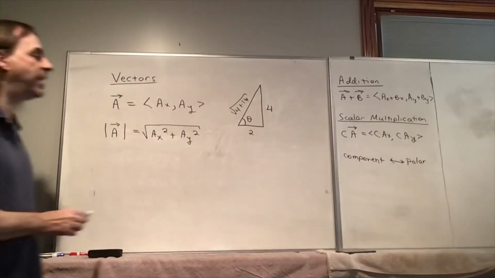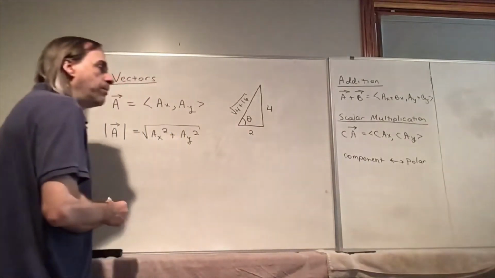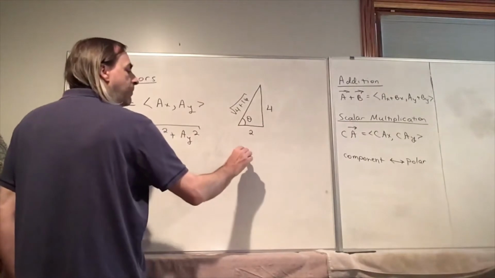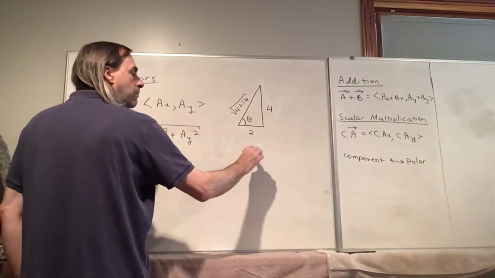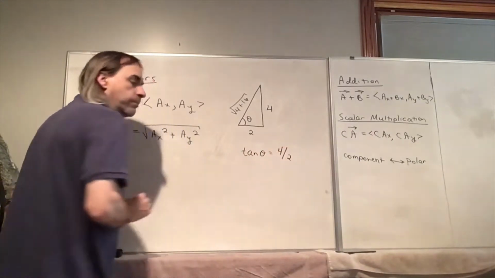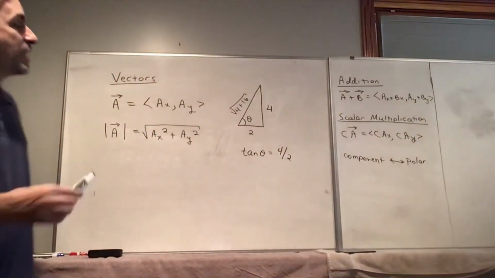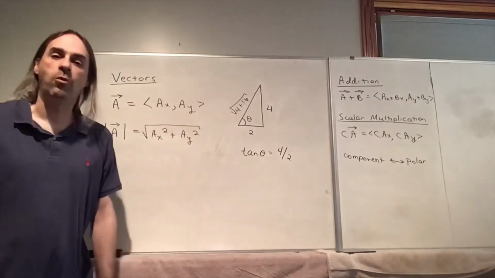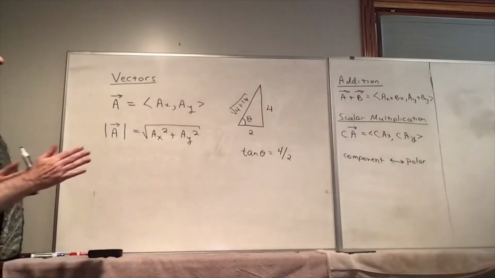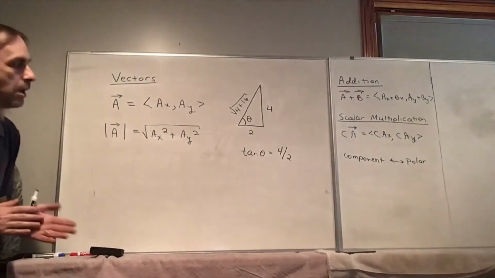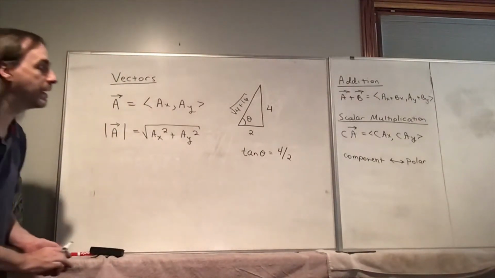Now for the angle, let's just look at this triangle. I'm going to use tangent here and say tangent of theta is 4 over 2. Now you could use any of the trig functions. You could say sine of theta is 4 over the square root of 20, but I don't like doing that because that introduces an additional source of error, an additional chance to screw things up.